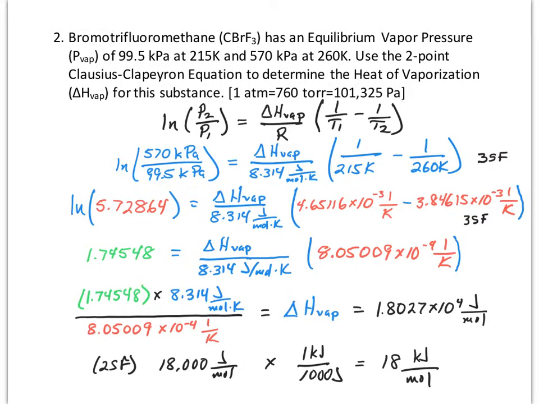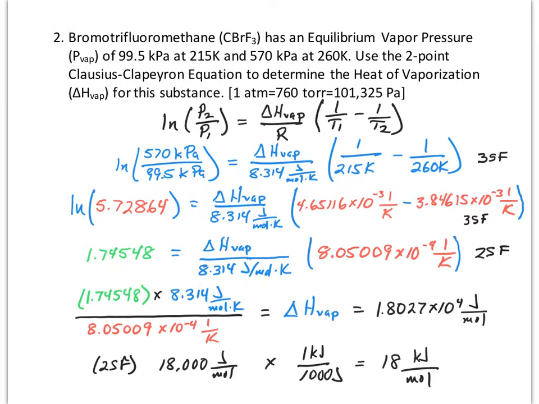So if you actually do a careful analysis of the significant figures of this problem, this number has 2 significant figures. And so we have to keep that in mind when we get to the end of our problem. Okay?